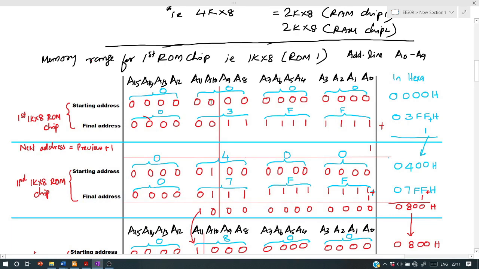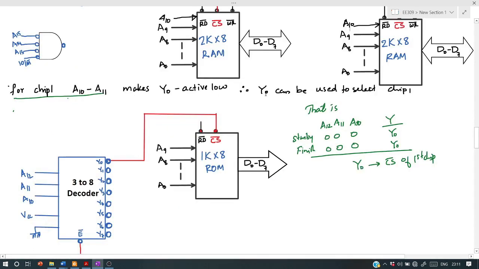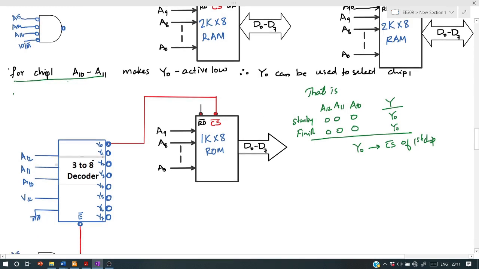Whenever this value comes, correspondingly the decoder IC output Y0 becomes active low and the remaining output pins become active high. So when we connect Y0 with the CS bar signal of the first 1K into 8 ROM chip, that ROM chip will be selected under that condition.